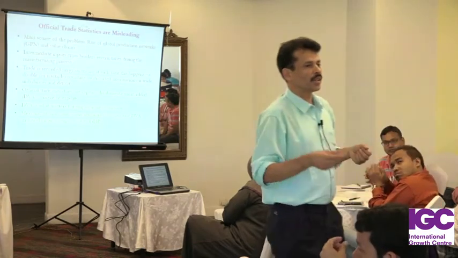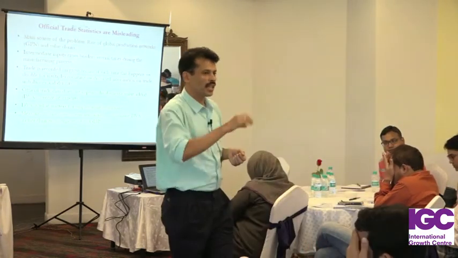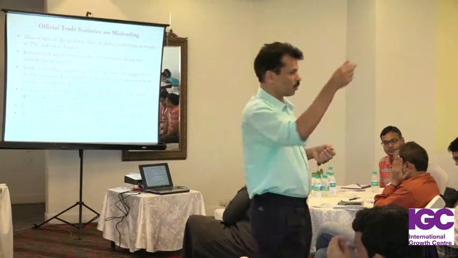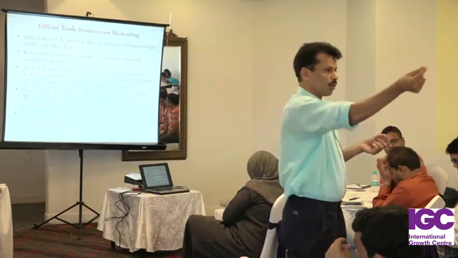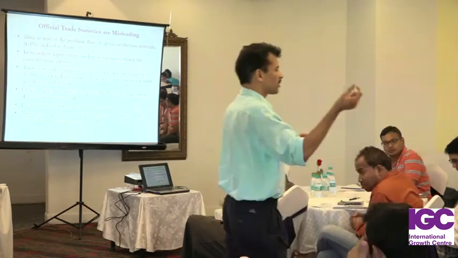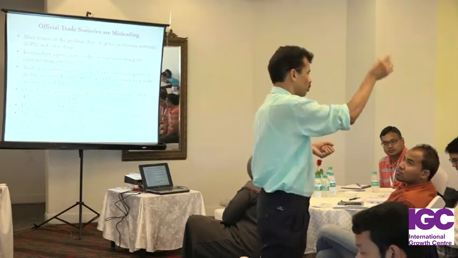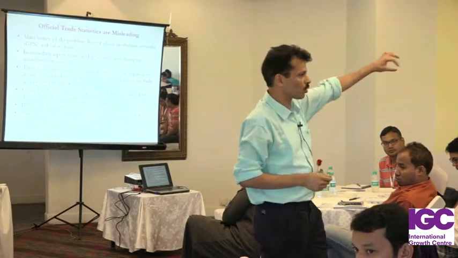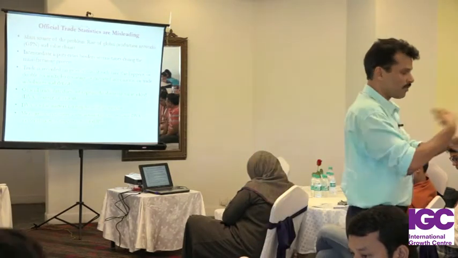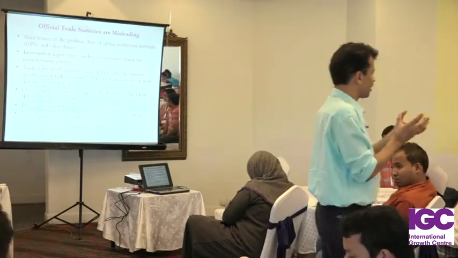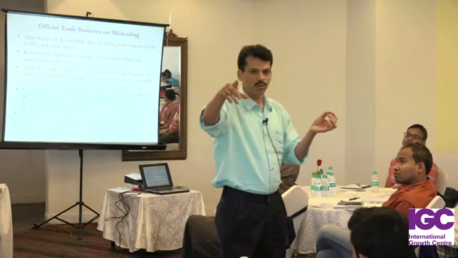So, Japan is sending an intermediate good to Korea first. At that time Japan customs records that transaction, and its value shows that this much good has gone to Korea. Then Korea adds some value to that intermediate good and sends it to Taiwan.